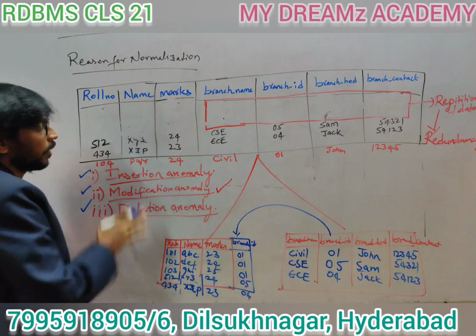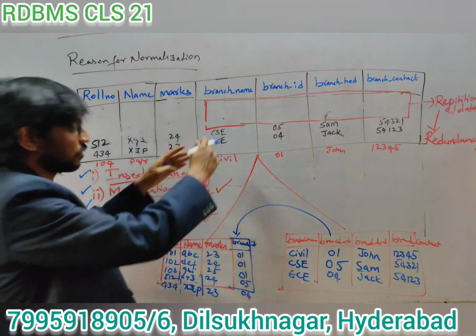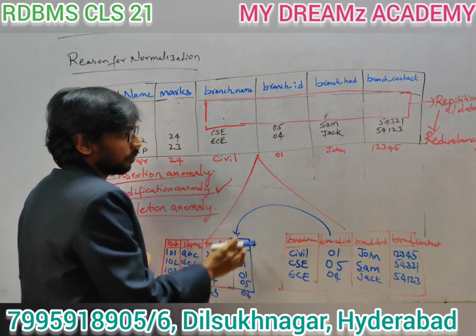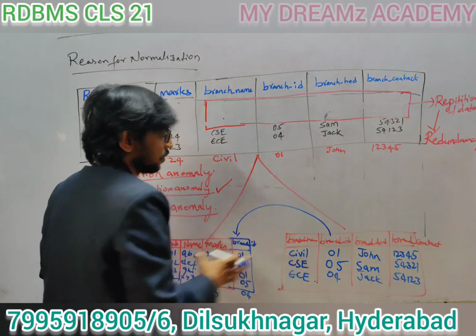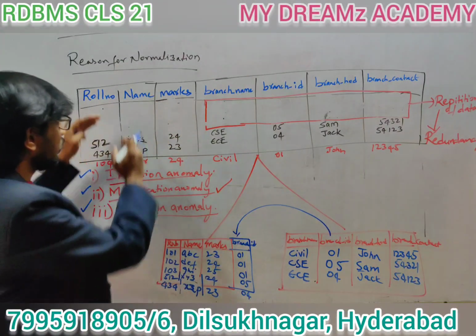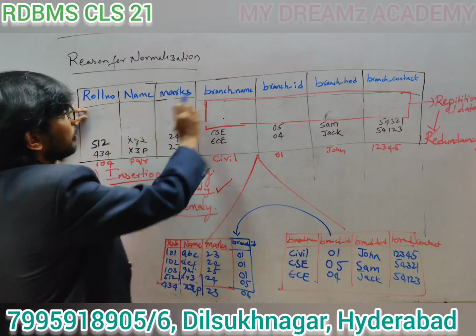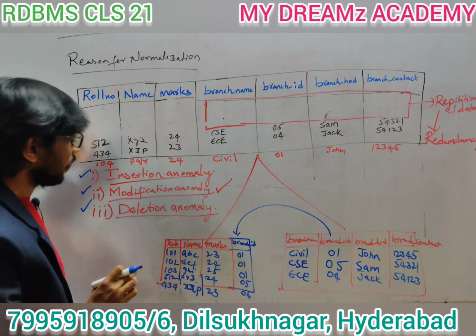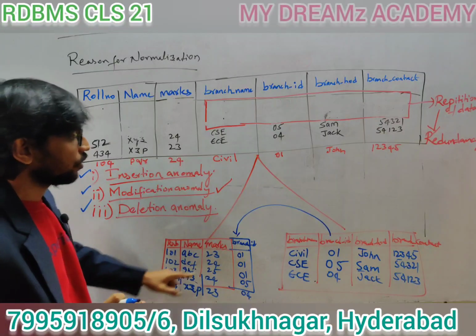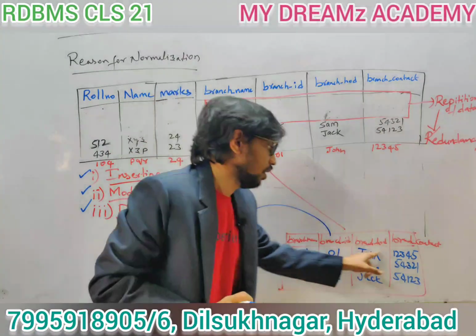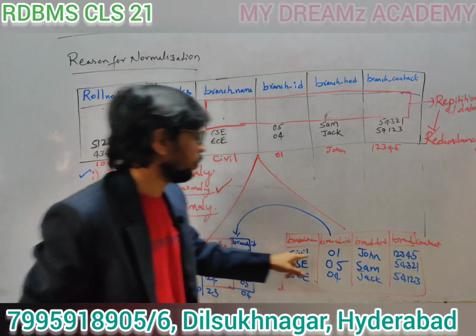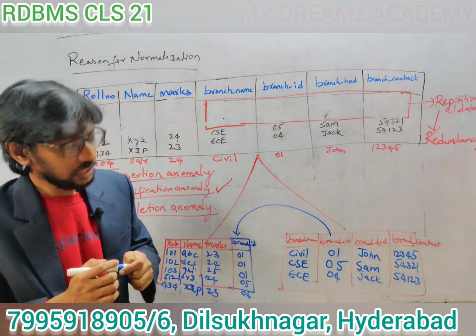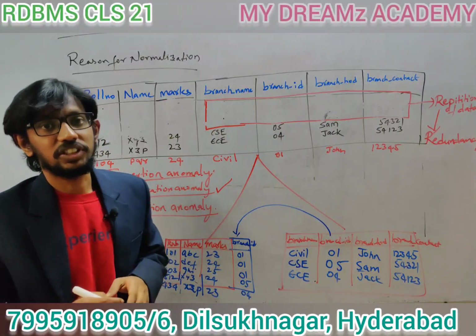To avoid those anomalies, we have split the table into two tables having one column as a common column between the two tables, right? In the earlier case, for each student there was one branch information. But here, for all the students there is only one branch information. This is how we avoid the redundancy, and these are the reasons for normalization.